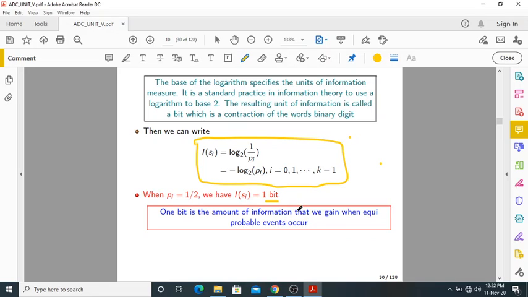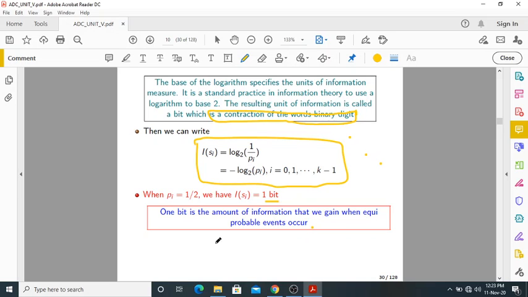If the probability of occurrence of any symbol is 1 by 2, then we gain 1 bit of information. 1 bit is the amount of information that we gain when an equiprobable event occurs. So here the unit becomes a bit. You must understand that it is a contraction of the words binary digits.